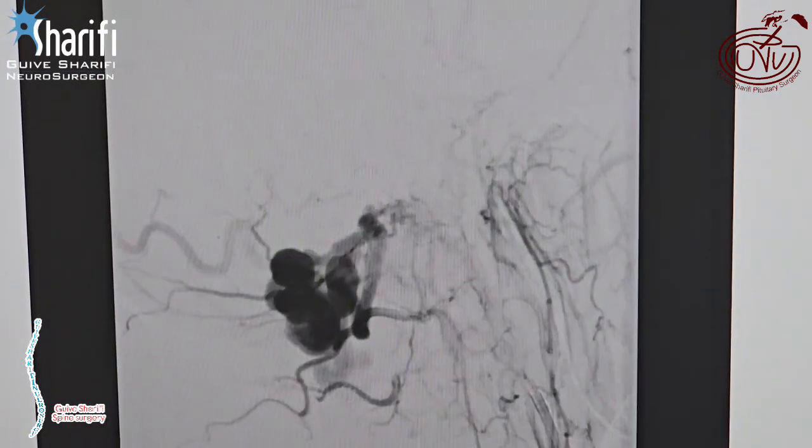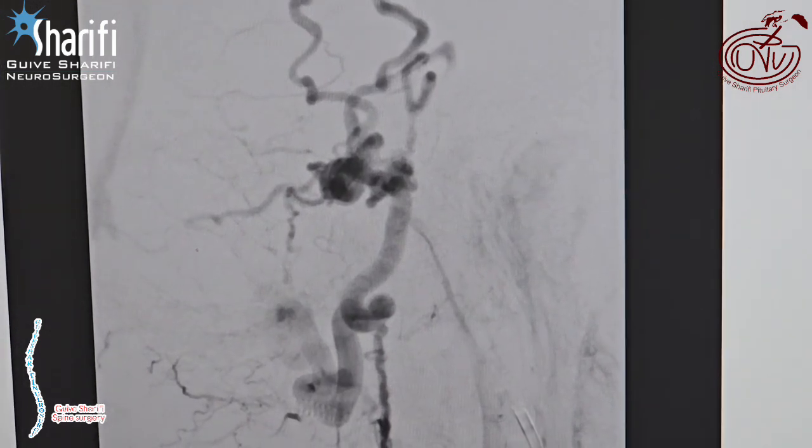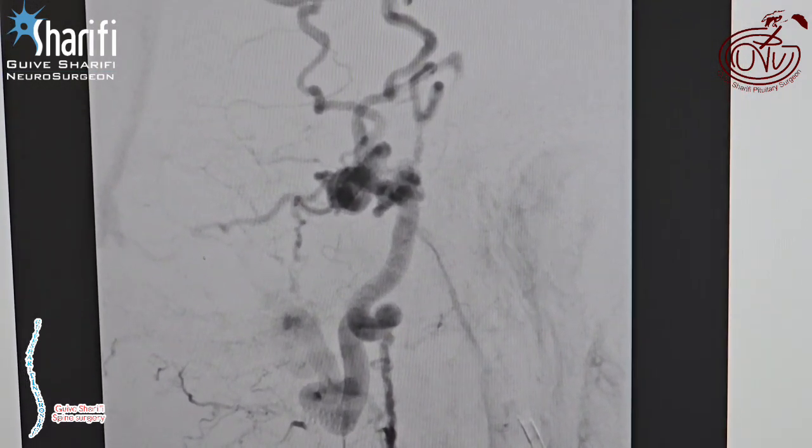This is a high-flow dural AVF, very high flow, fed by the left occipital artery.